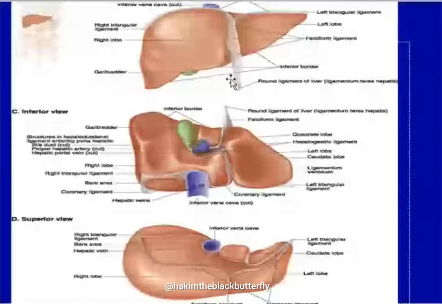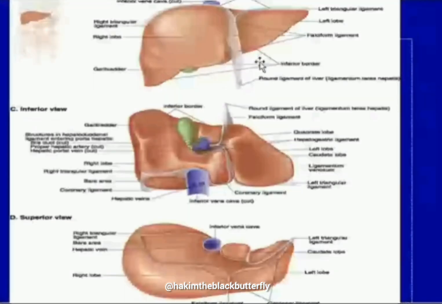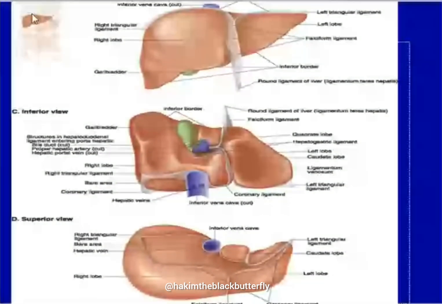So when you turn the liver upside down to visualize this inferior surface, this is how it looks. This is the inferior surface. We have brought out this liver to magnify it so that we can see it in detail. We have turned the liver upside down to show you the inferior or visceral surface.